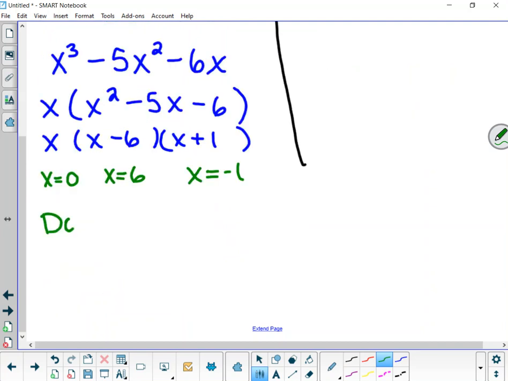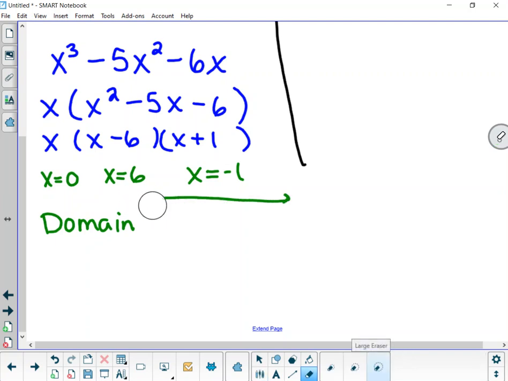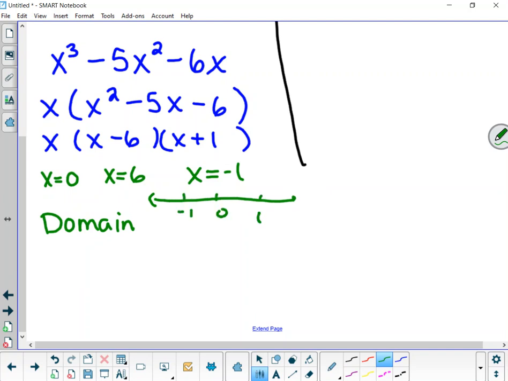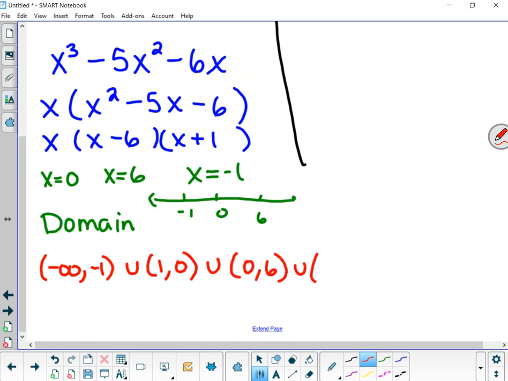So when I write my domain, and this is the part that's tough, you might want to organize them on a number line for yourself. -1 would be first, and then 0, and then 6. So my domain is -infinity to -1, -1 to 0, 0 to 6, and 6 to infinity.